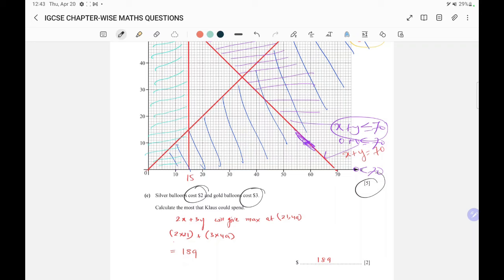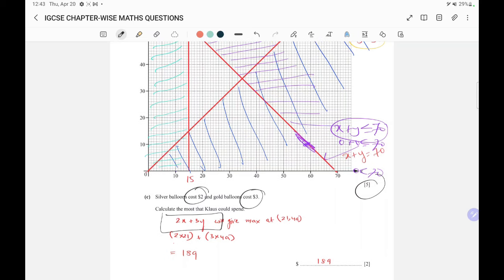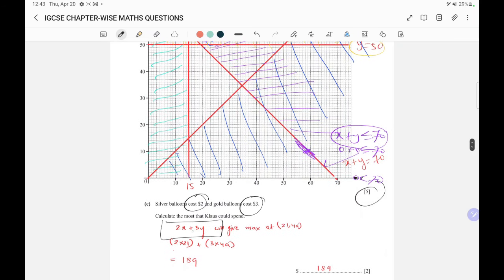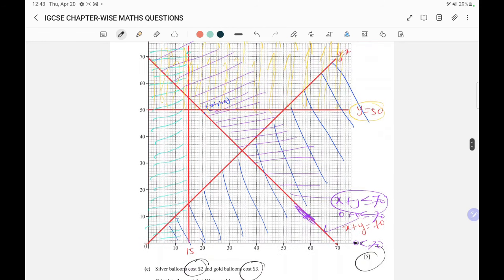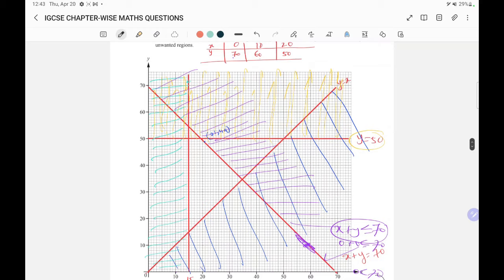So 2x plus 3y will be the total cost, will give the max. Now when it can give you the maximum, we have to find x and y integer values, so that you can get 2x plus 3y maximum. Okay, so I believe you can get somewhere.